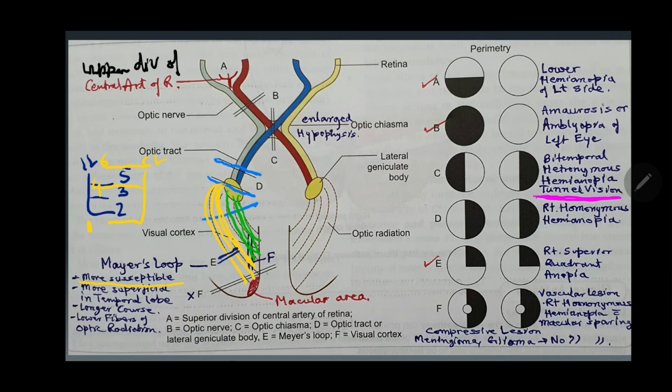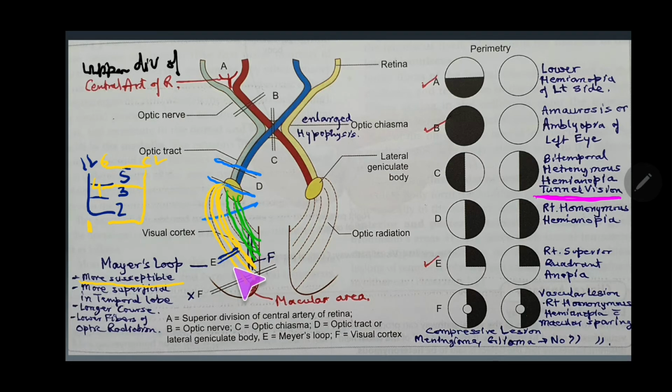If Meyer's loop is injured, as I told you, there will be a defect in the opposite half of the visual field, right? In the opposite half, only the upper quadrant, because if there is a complete loss, I already discussed, there will be homonymous hemianopia.